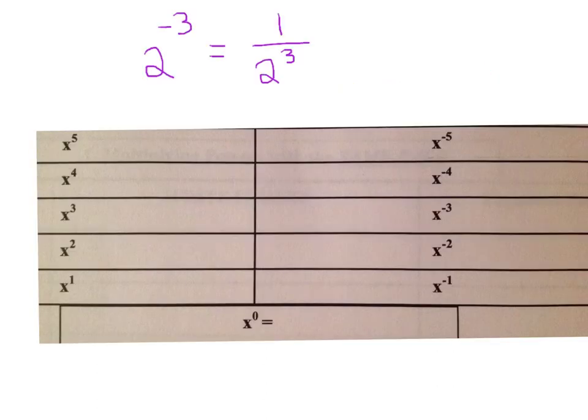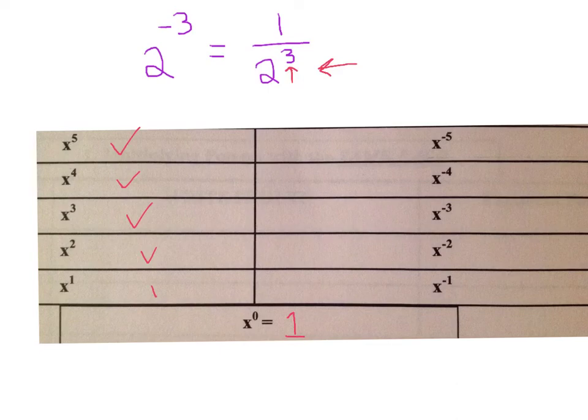When we have negative exponents, remember, you just rewrite it under 1 and then you change the exponent so it is positive. So if we look here, x to the 5th, x to the 4th, x to the 3rd, x squared, and x to the 1st, there's nothing we can do with those. Those are all just simplified. But now, x to the power of 0, anything to the power of 0, even if it's a variable, still equals 1.